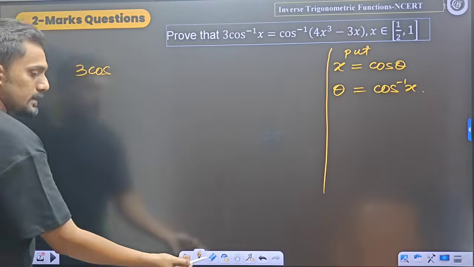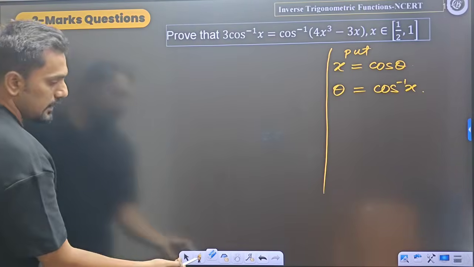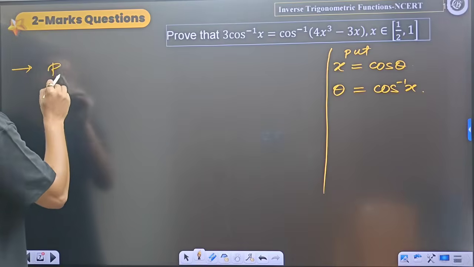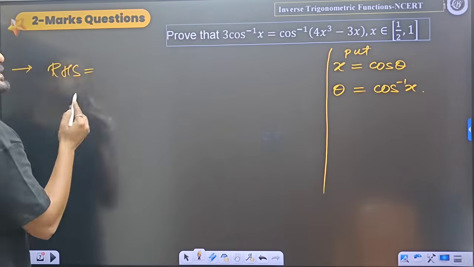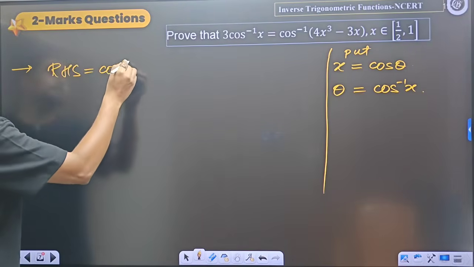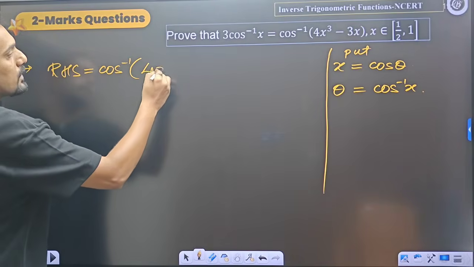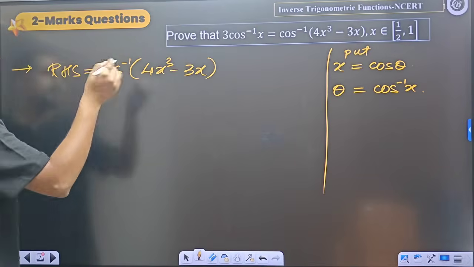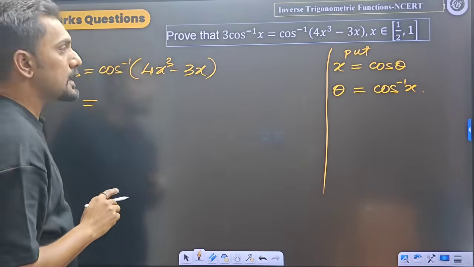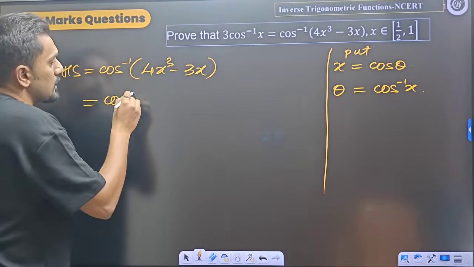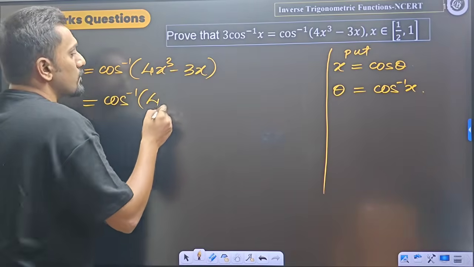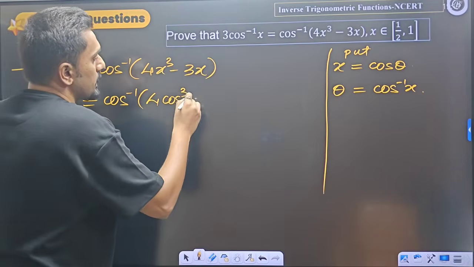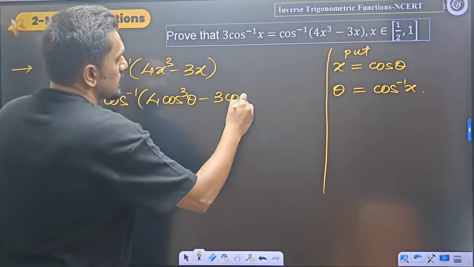So let me consider the RHS part. What is RHS? RHS is equals to cos inverse of 4x cube minus 3x. If I substitute in place of x as cos theta, then this becomes cos inverse of 4 cos cube theta minus 3 cos theta.